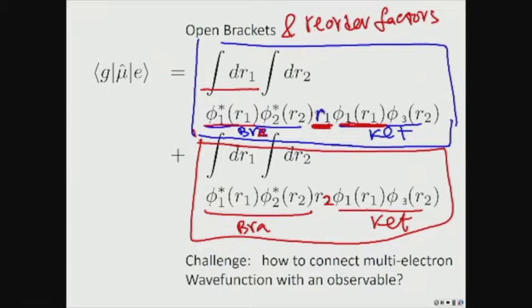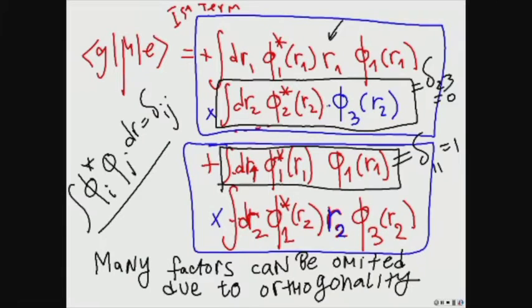So we are looking at R1 and we are integrating over R2, and then through orthogonality we get 0. And for the second term, the orthogonality gives us 1. Therefore, the first term drops completely, and the second term survives.